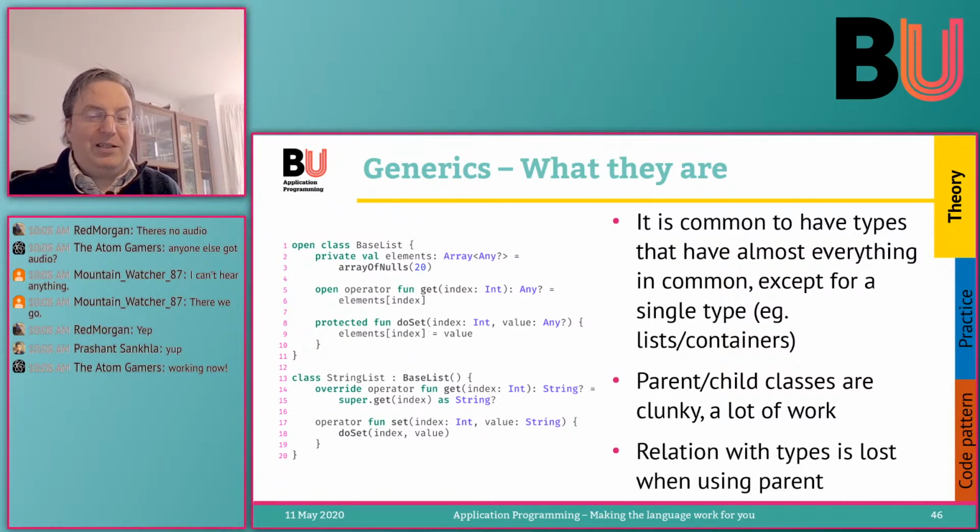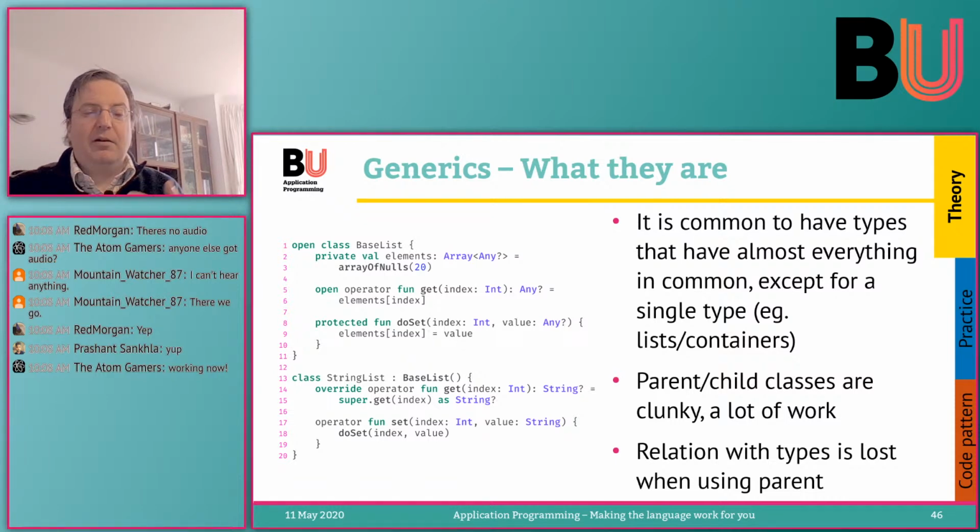It gets rid of the need to have a protected doSet that is not visible for other things. And it needs to be a doSet, not set, because with doSet, you can't override a function with a more narrow contract, because you need to be able to use the object as if it's the parent. The parent says any value can be passed in doSet, and then the string list says okay, but you can only pass strings.